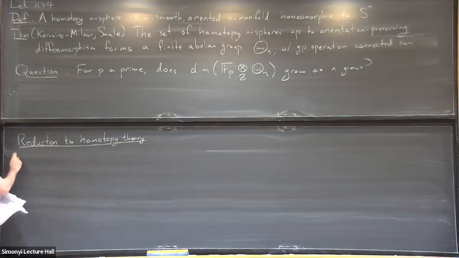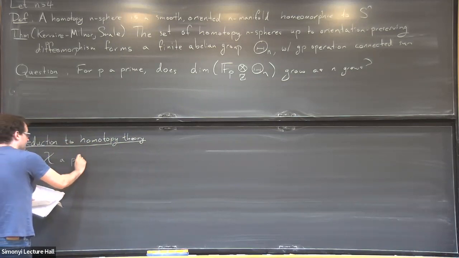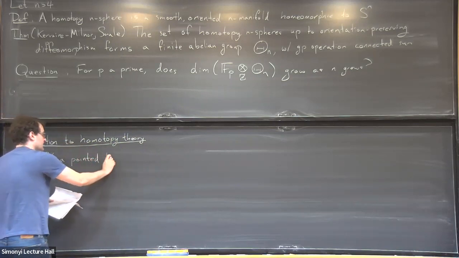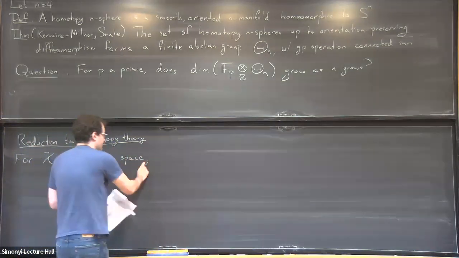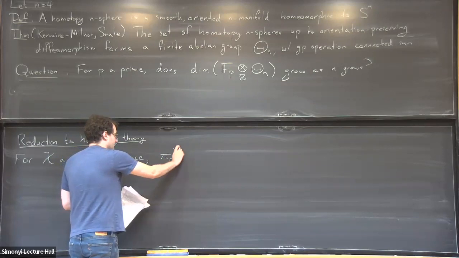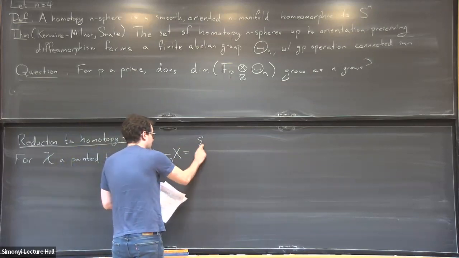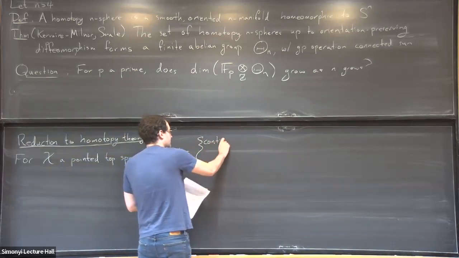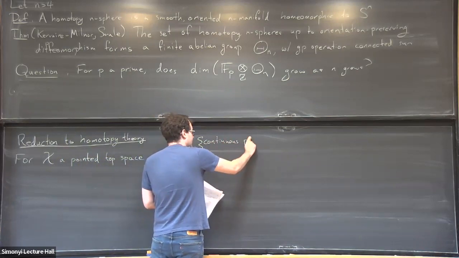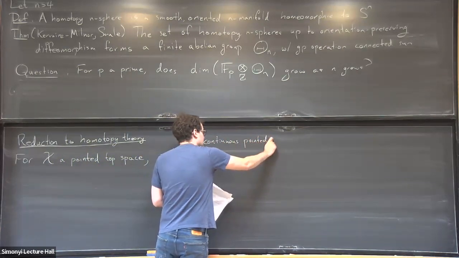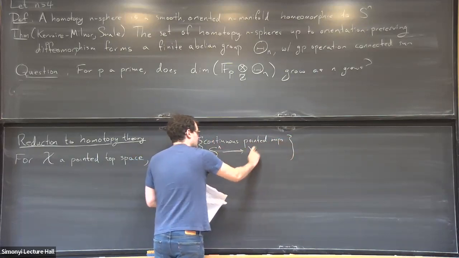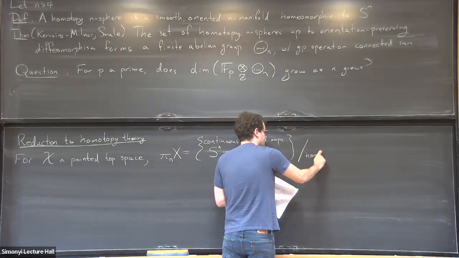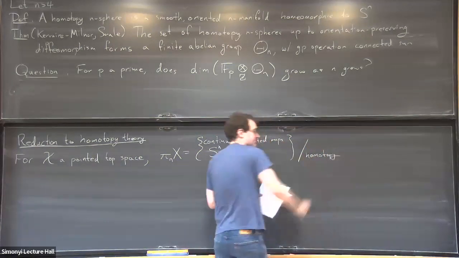Okay, and so in homotopy theory, we're going to study something like a pointed topological space, not necessarily with any kind of smooth structure. And we're going to be interested in these homotopy groups, pi_n of X, which is of course the set of continuous pointed maps from S^n to X up to continuous deformations known as homotopy.